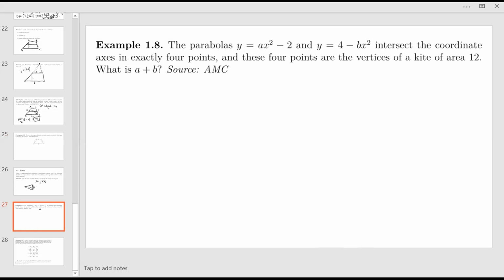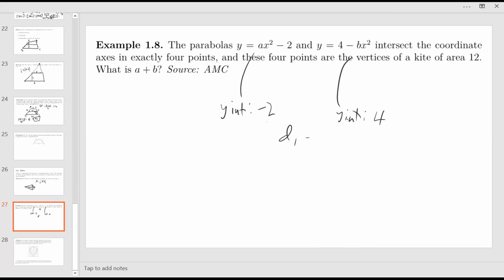So let's look at the y-intercepts of these. So the y-intercept of this is -2. The y-intercept of this is 4. You can find these by substituting x is equal to 0. So from these, we know that this is one vertex of the kite at (0, -2), and another vertex is at (0, 4).